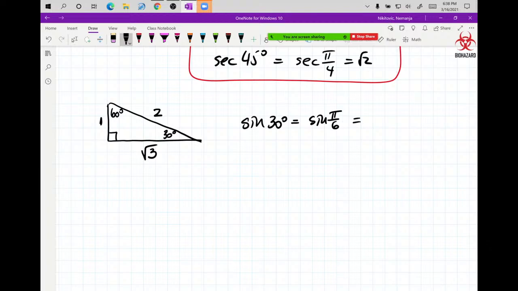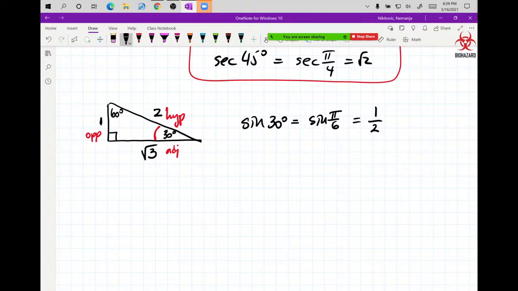So if I'm using 30 degrees, then this is my opposite, and this is my adjacent, and this is my hypotenuse, always the longest side. So sine of 30 degrees is sine of pi over 6 radians, and that is going to be what? Opposite, which is 1, divided by hypotenuse, which is 2. How cool is that? Now we know that sine of 30 degrees is 1/2.